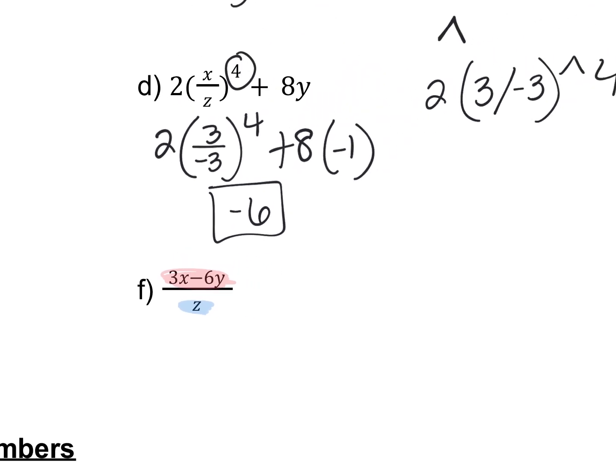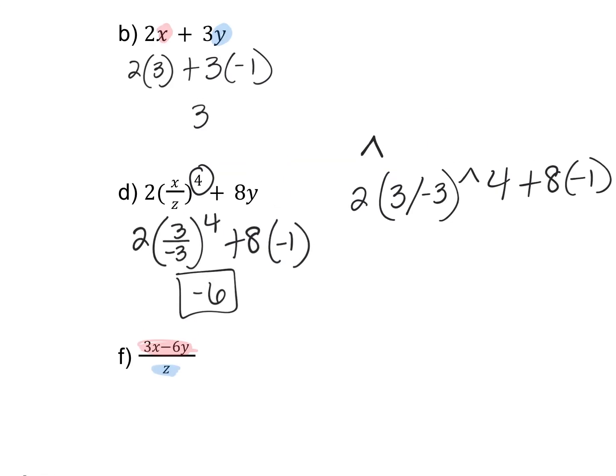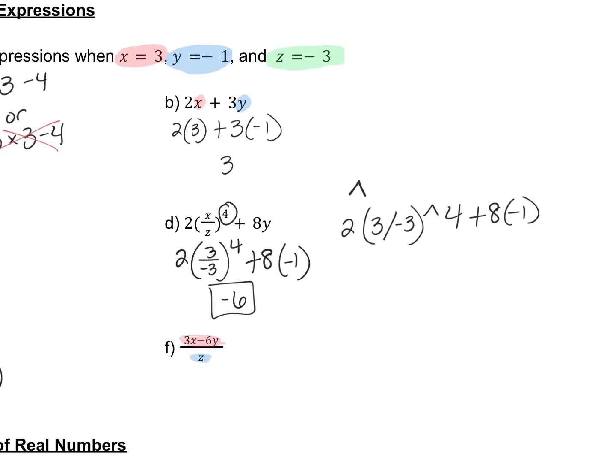So the top piece would be 3 times 3 minus 6 times negative 1, all over our z, which is negative 3. So you're just doing the top piece, and then we'll do the bottom. Well, there's nothing to do on the bottom, but then we'll divide it.